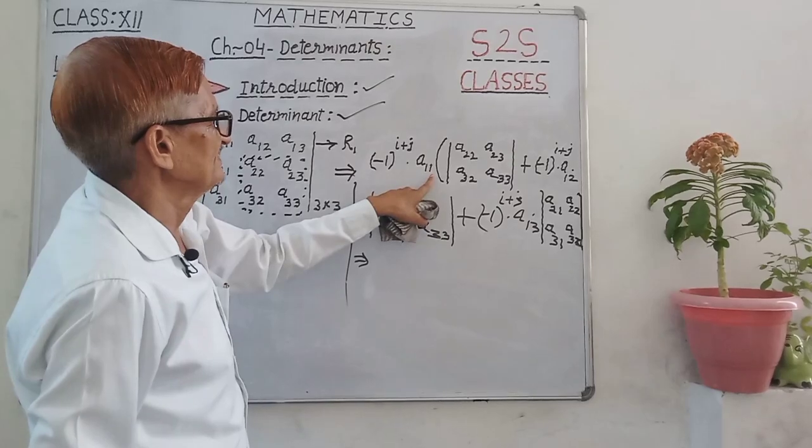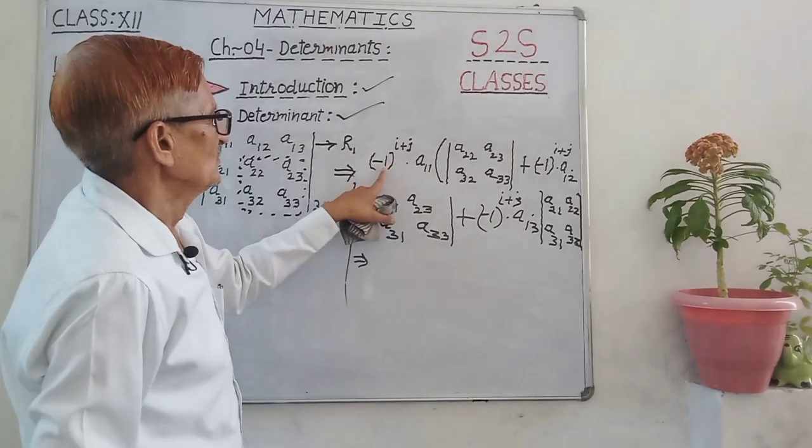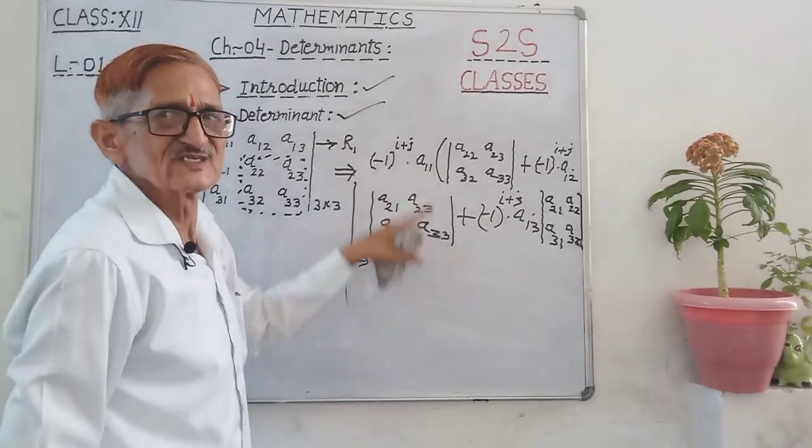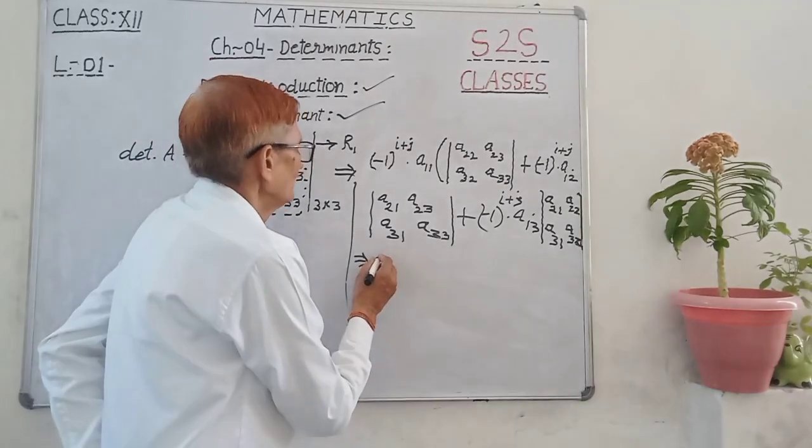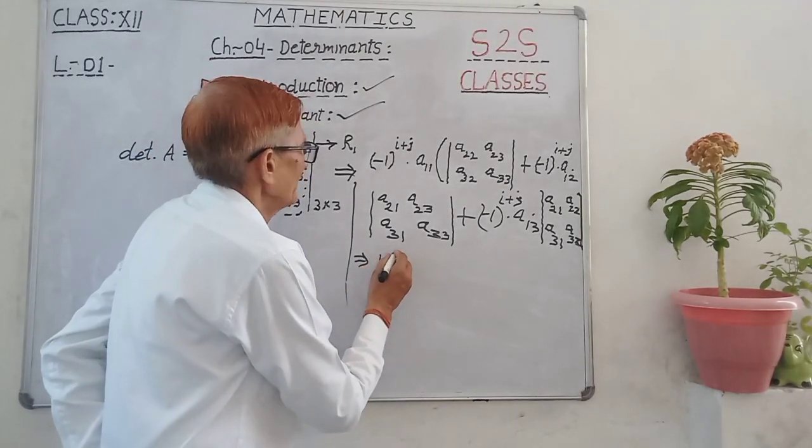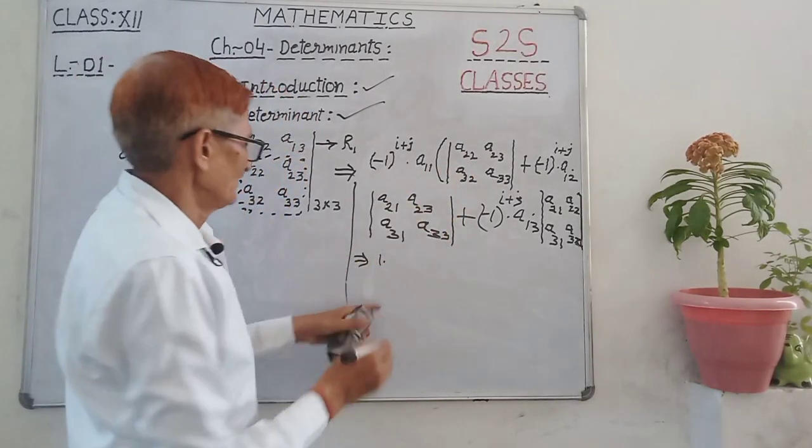So how can solve this? We can solve this here: I is 1, j is 1, so 1 plus 1 is 2, so minus 1 power 2, minus 1 square is 1, into this a11.